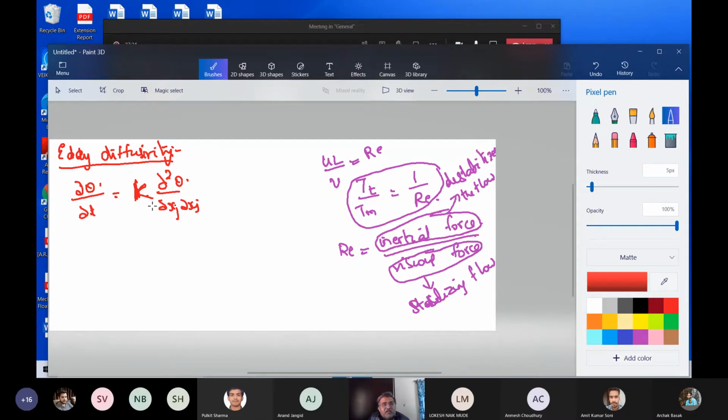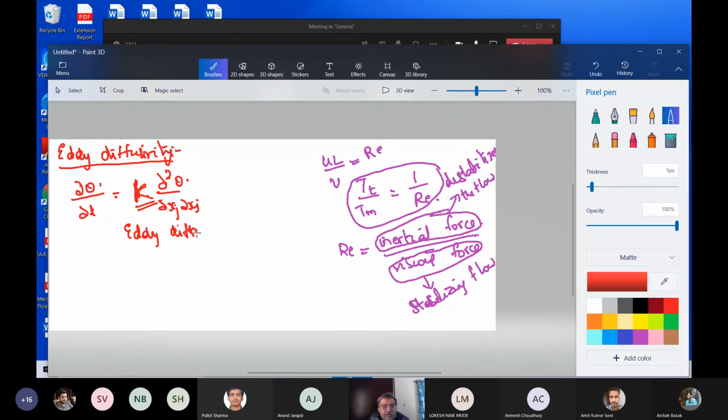It means that it is still diffusing, but with a higher diffusivity K. This large diffusivity takes into account the larger transfer of momentum or temperature, and this is generally what they call eddy diffusivity.